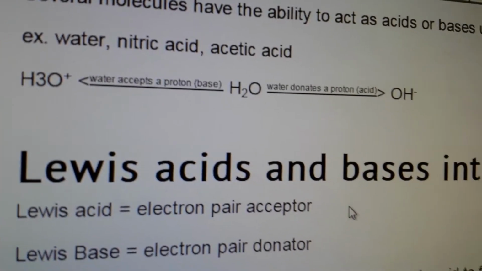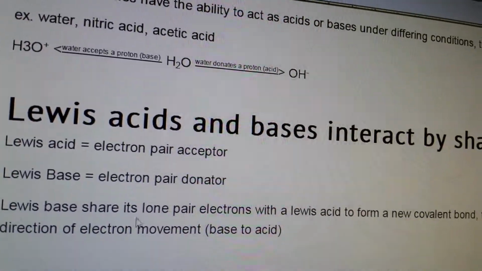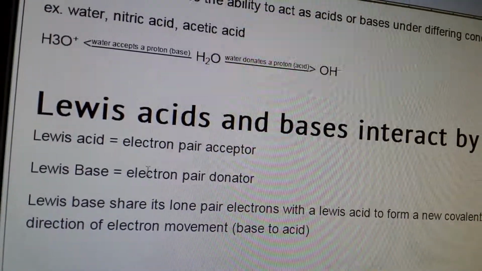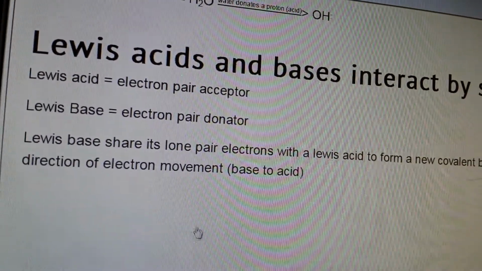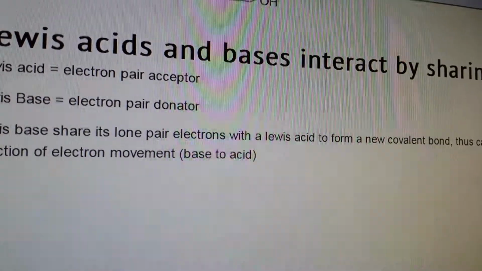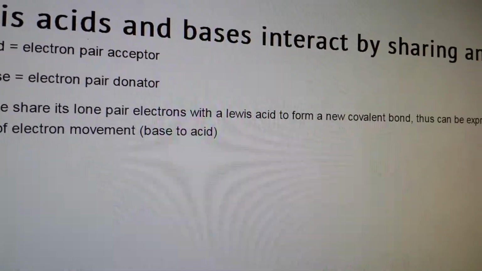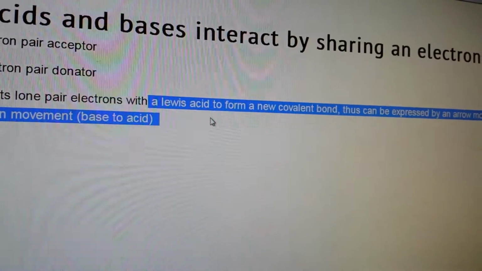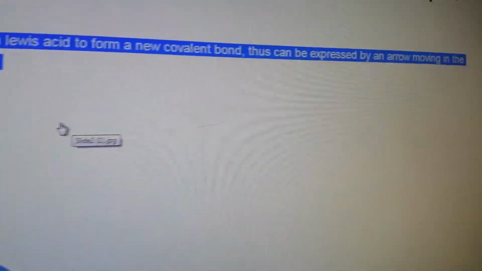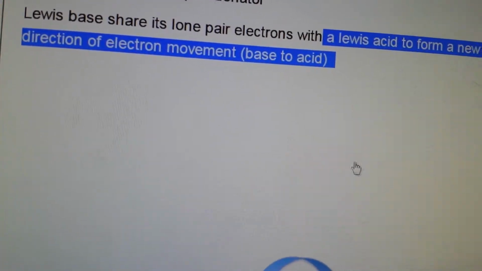The other thing: we say Lewis acids and bases interact by sharing an electron pair. So what is the Lewis acid and base interaction? A Lewis acid is an electron pair acceptor, a Lewis base is an electron pair donor. The Lewis base shares a lone pair of electrons with the Lewis acid to form a covalent bond. This can be expressed by an arrow moving in the direction of the electron movement.